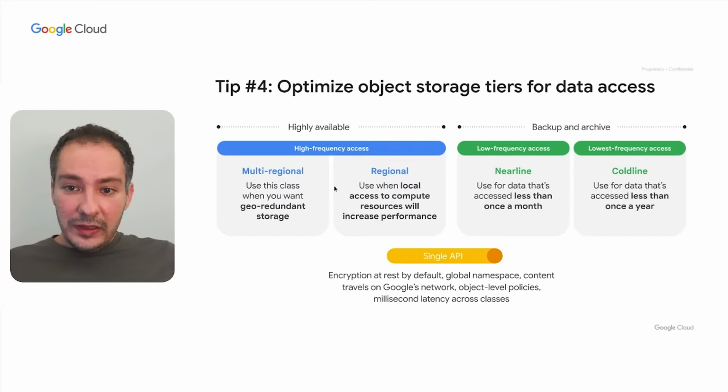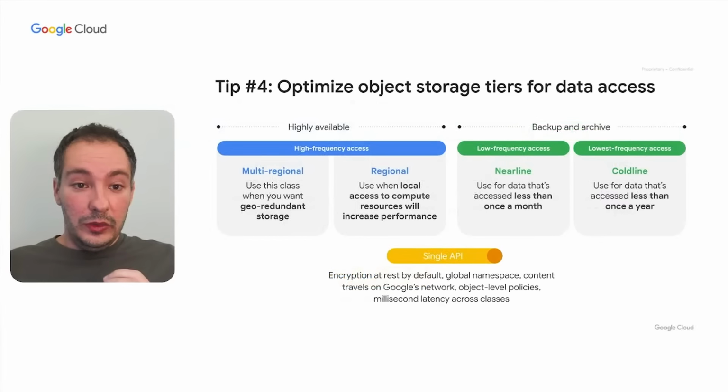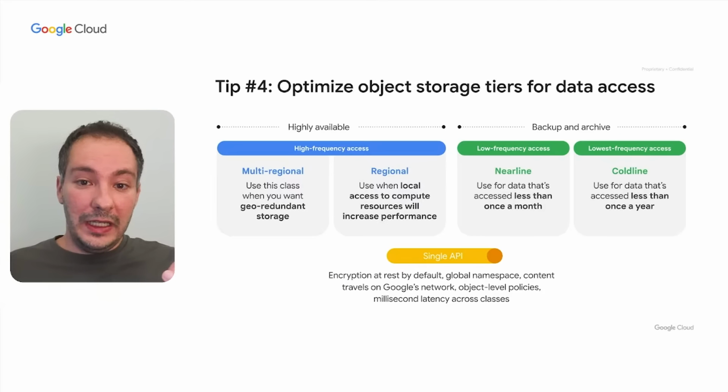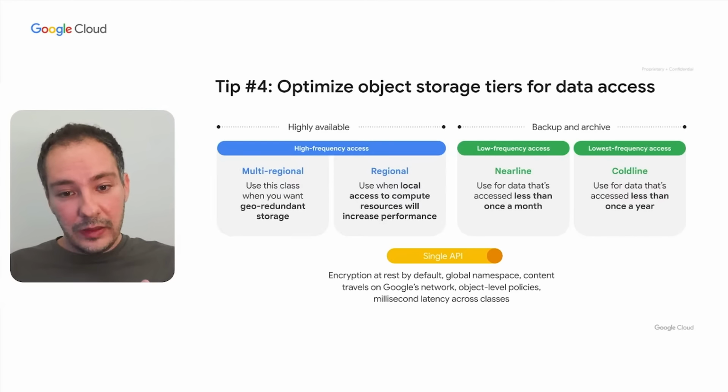But if you just need the cloud storage for backups, with really low frequency access, you can consider using something like Coldline and Nearline, which have a cheaper price per gigabyte. That will be a good strategy here. And you don't need to use just one. You can have a combination of tiers according to different workloads, and all the tiers use the same API.